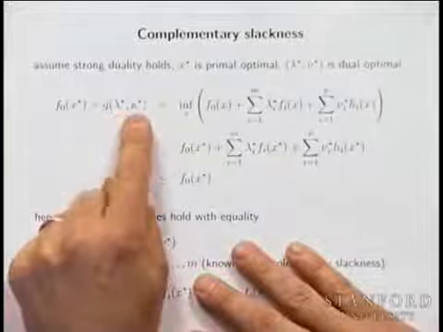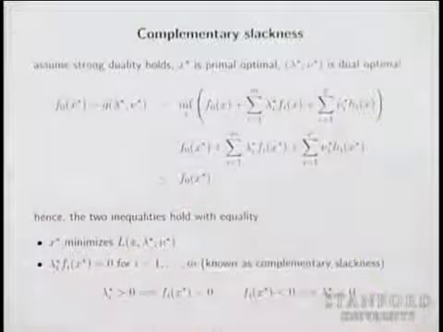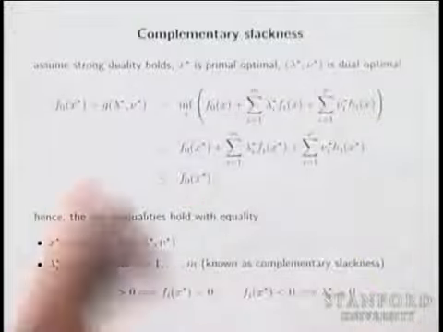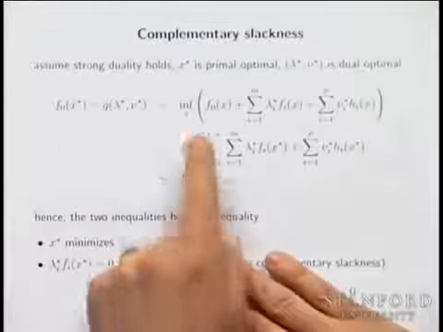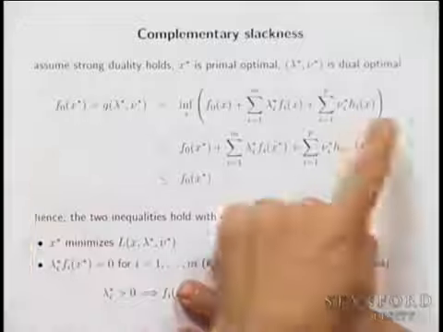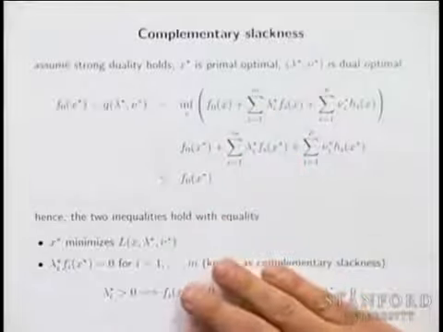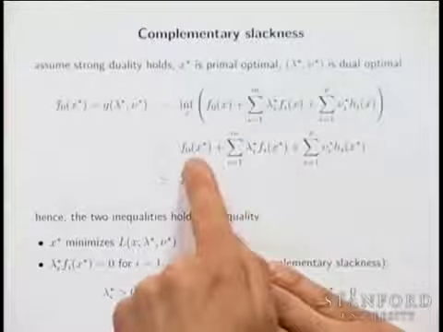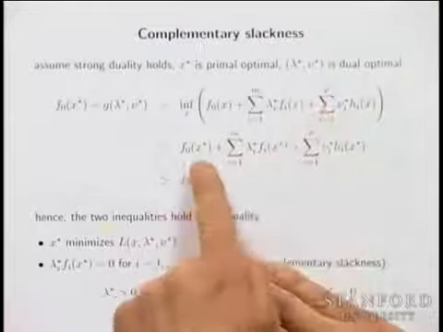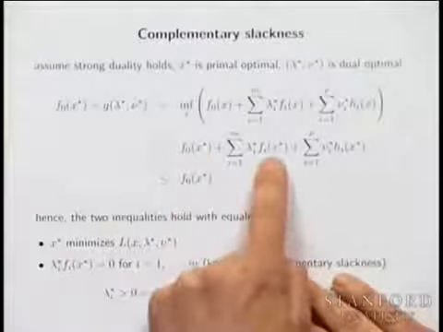g of lambda star nu star is, by definition, the infimum over all x of the Lagrangian. I know we went over this last time, but I just want to go over this again quickly. Now, of course, that has to be less than or equal to the value of the Lagrangian if you plug in x star. But x star is feasible.